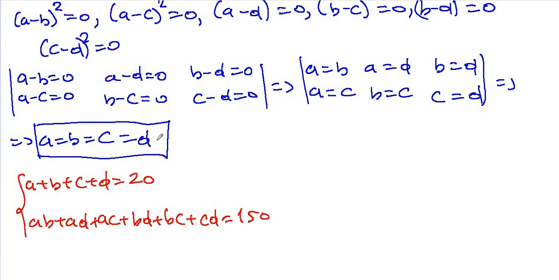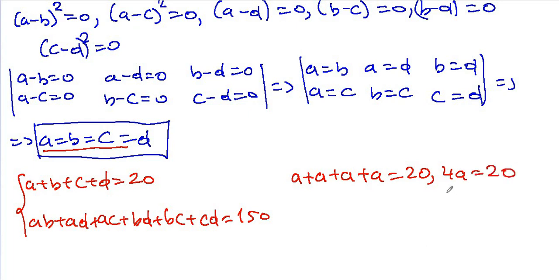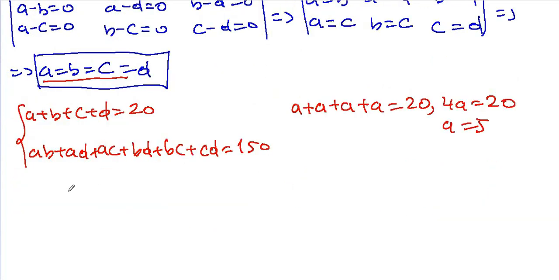If we substitute this equality into the first equation, we get a + a + a + a = 20, so 4a = 20 and a = 5. Since a = b = c = d, our final answer is a = b = c = d = 5. So this is our final answer.